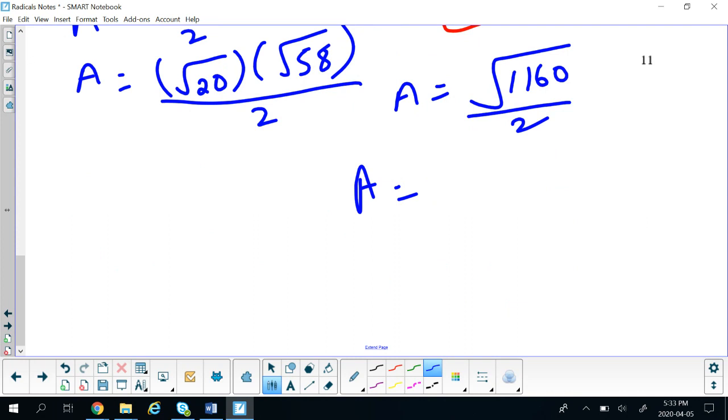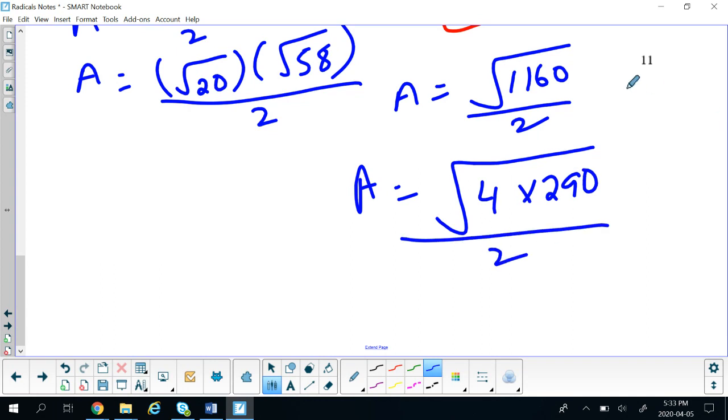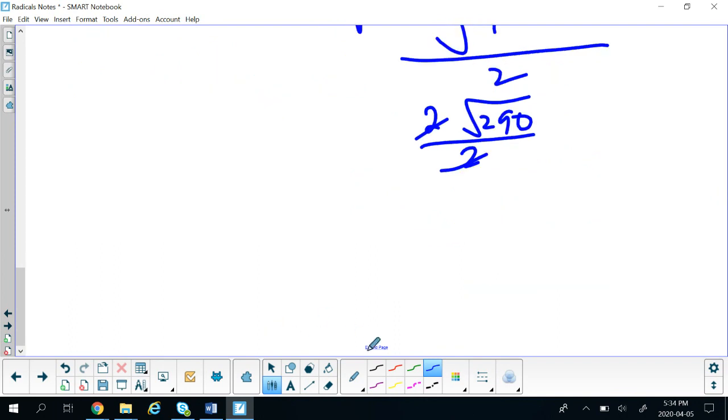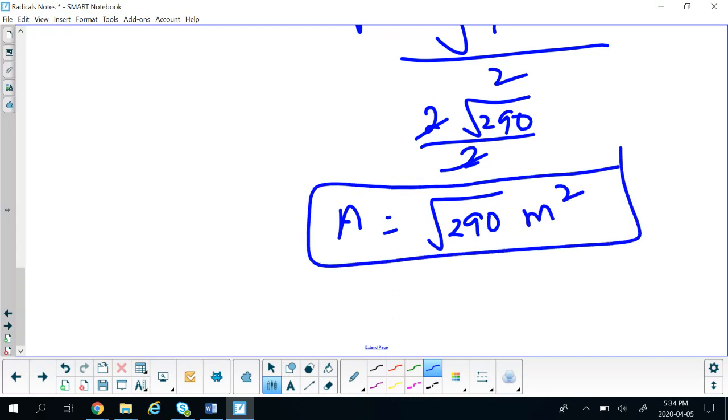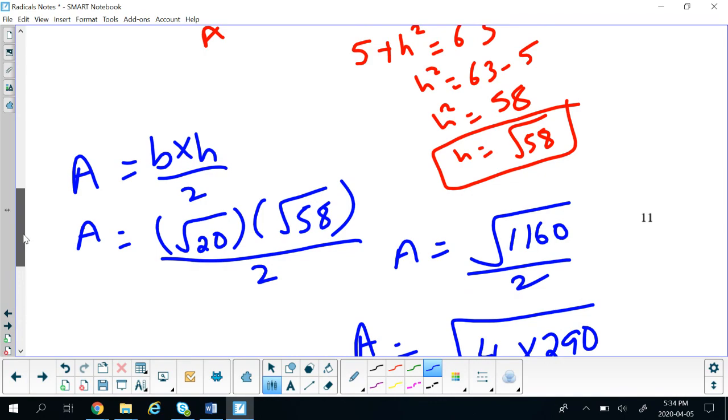So 1160 can be written as 4 times 290. I'll break 1160 as a product of perfect square and some other number. Square root of 4 is 2. So area is equal to square root of 290 meters square. Okay. So that's it for this lesson.